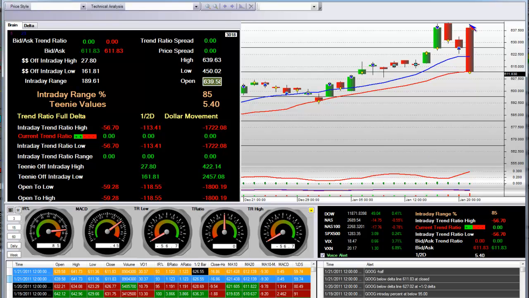On where did most of that come from? It came from this daily bar right here that was on 1/21 of 2010, where my cursor is down here. And basically we had a very negative trend ratio. That means that the expansion is going to make this name a lot more volatile.